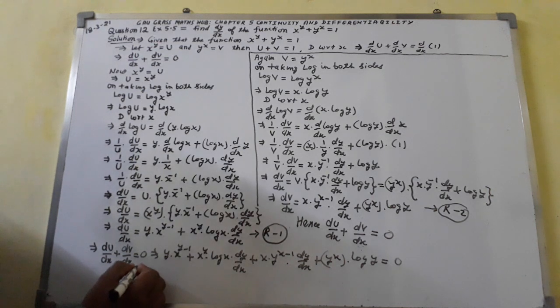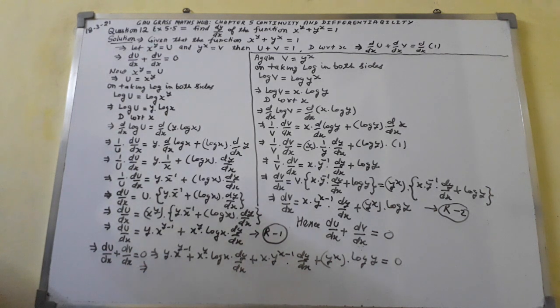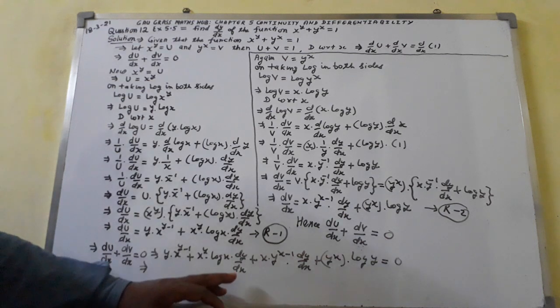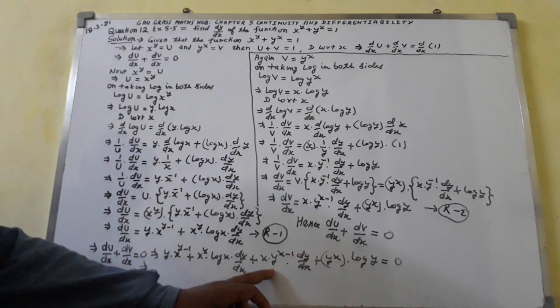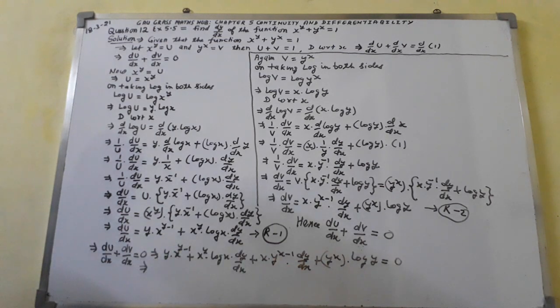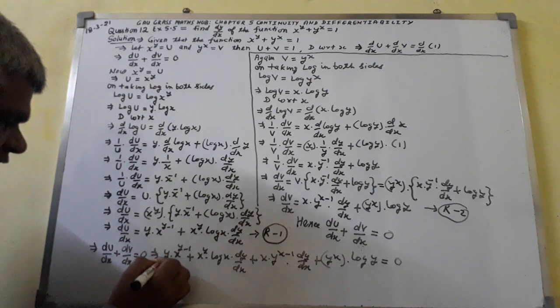Implied that here in the second term dy over dx is multiplied, and in the third term dy over dx is multiplied. Now take dy over dx as common.